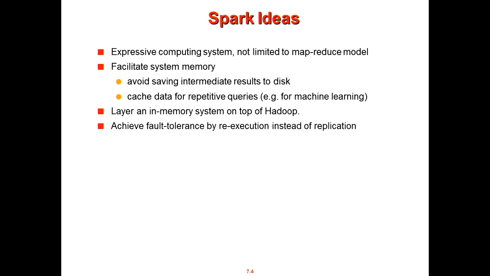That's in MapReduce, but in Spark there's no such cost. And it caches the data for repetitive queries. For different queries, the data will only be read from disk to memory once, and for all the other queries you just read the data in memory, so it's much more efficient than reading data from disk.